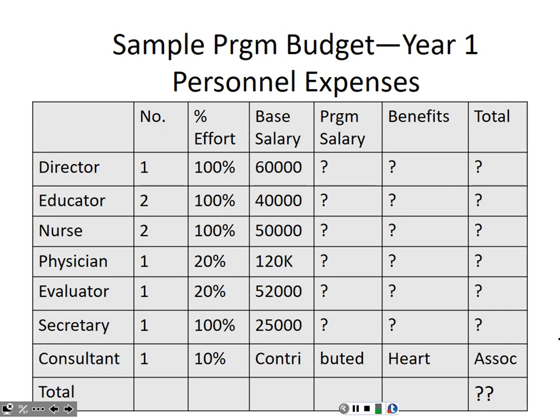2 full-time nurses to administer vaccines or whatever it is that we are doing in the schools across our county. The physician will serve more like a medical director, supporting the health educators and the nurses. So he really only needs to devote 1 day a week to our program. So that's 20% effort.